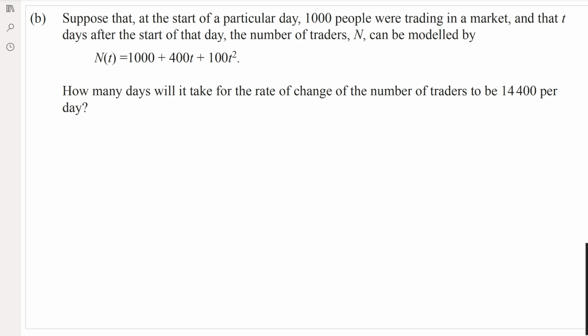Okay, so for the next question, we've got some function here. How many days will it take for the rate of change of the number of traders to be 14,400 per day? So what we have is n of t, which is the function, and what the question is asking for is the rate of change. Remember how we did this before? It's asking for the rate of change of the number of traders to be 14,400 per day.